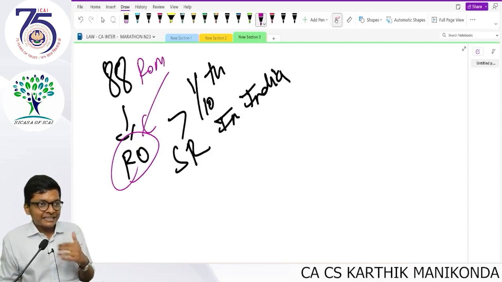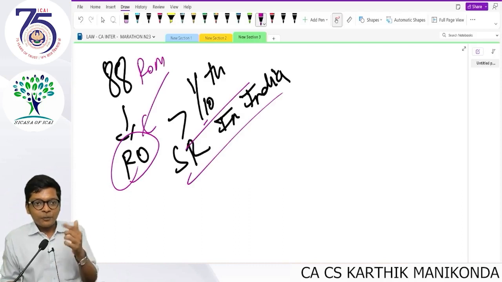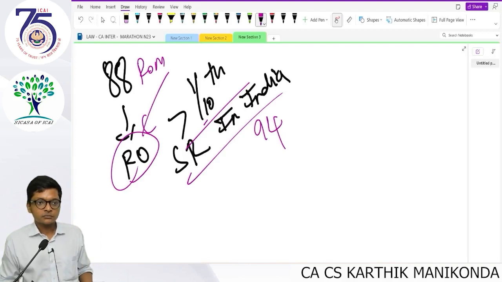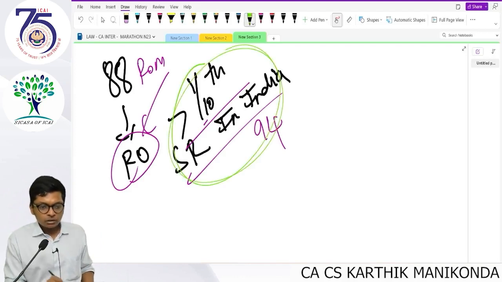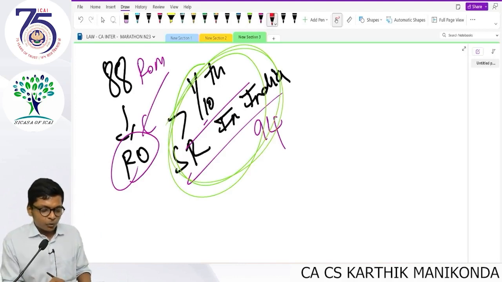Can members inspect it? Yes. Since members can inspect, can I keep it anywhere else? Yes, provided one-tenth of the members reside in that location in India, and you pass a special resolution. That is section 94, which only tells where you can keep it. Are you following, guys? Section 88 tells a few more things.